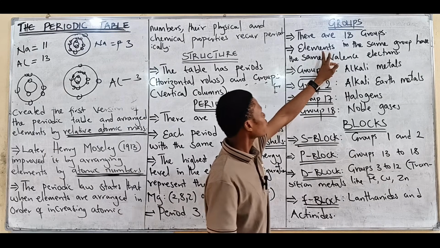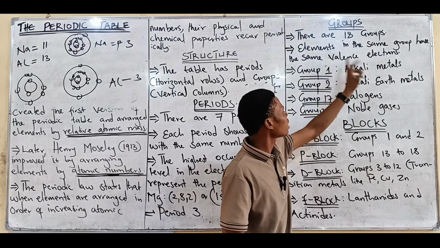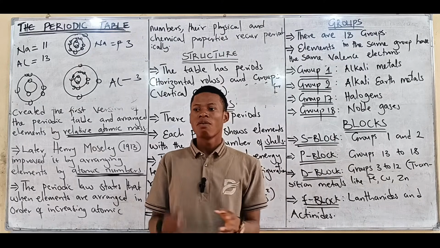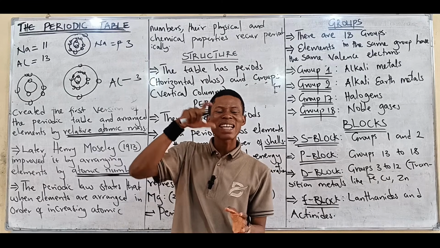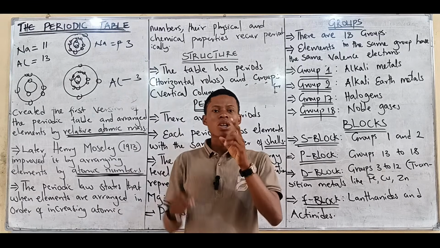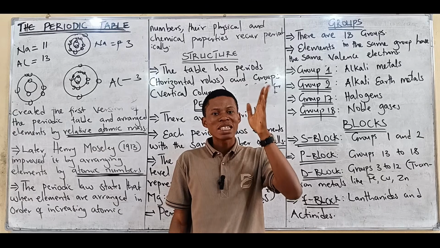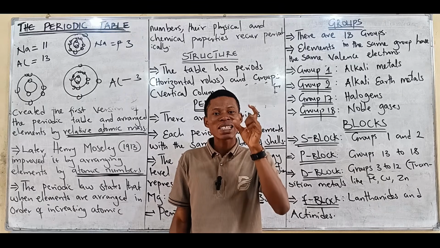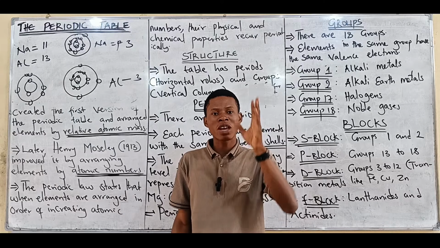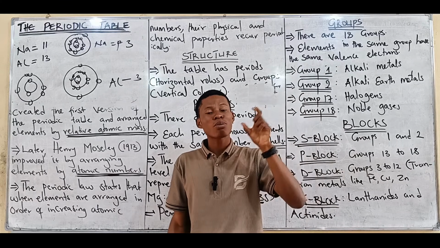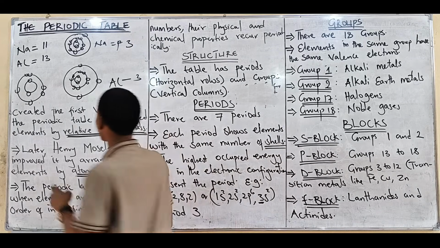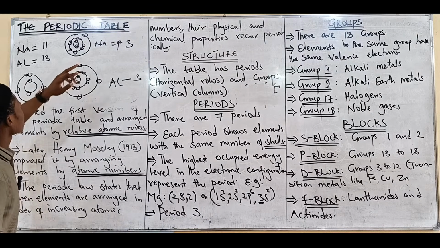All right, so elements in the same group have the same valence electrons. Valence electrons are electrons in the outermost shell. What determines elements in a particular group is the number of valence electrons it has. It is the number of electrons it has in the outermost shell. Now, look at something like sodium. Still sodium.